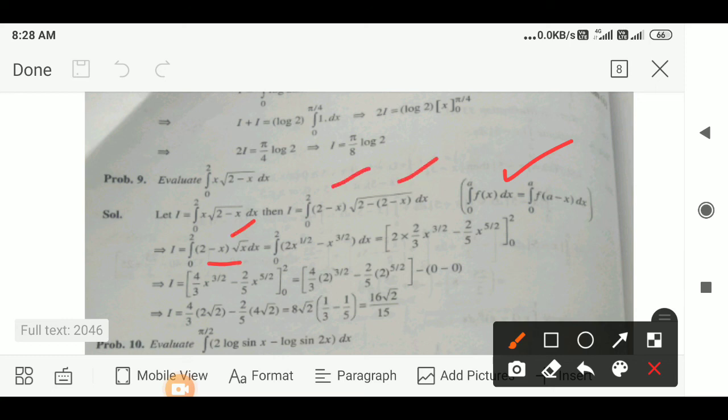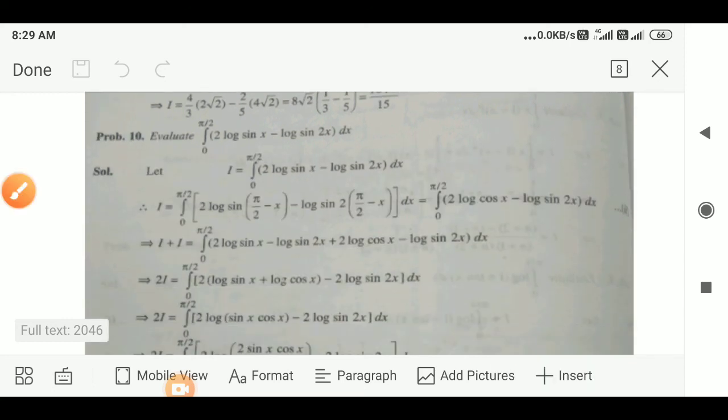Now multiplying each by root x, we get this form, and this form is easily integrated using the power rule. So using the power rule and then putting the limits, we get the value.